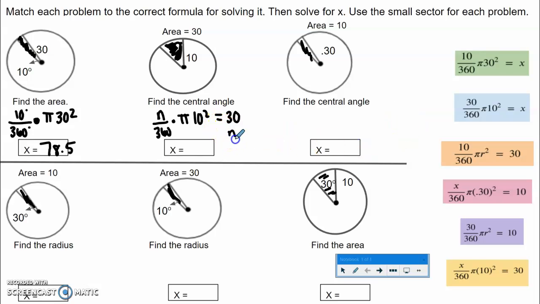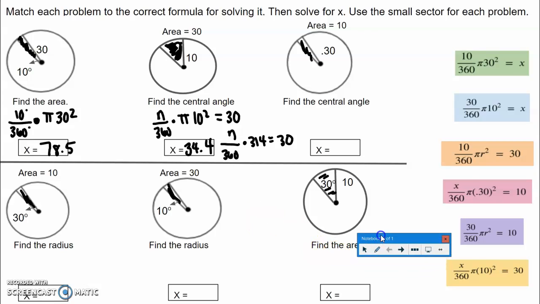So this is the same as n over 360 times 314 is equal to 30. To solve this equation for n, I'm going to have to divide by 314 and multiply by 360. So I got 34.4.